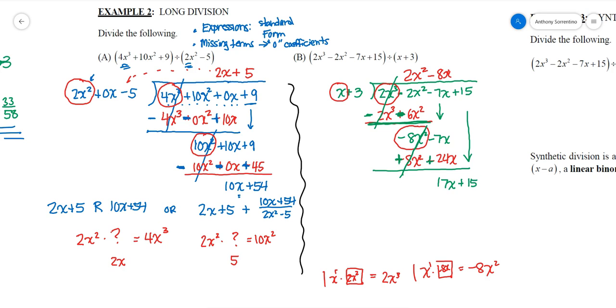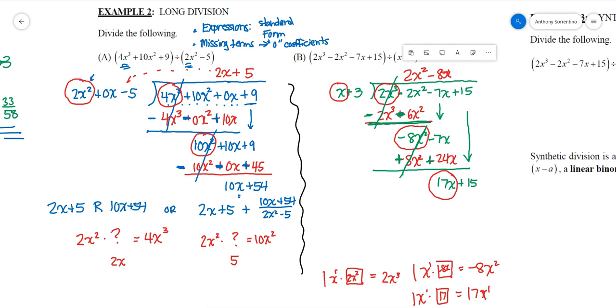Now, when I do this, it's going to be my last one. I'm going to have a remainder after this. So again, my new first term is 17x. I think, well, x to the first power times what gives me 17x? Well, the powers remain the same, so there was no x in whatever I multiplied it by. I just had to make the coefficient go from a 1 to a 17, so I know I had to multiply this by a positive 17.